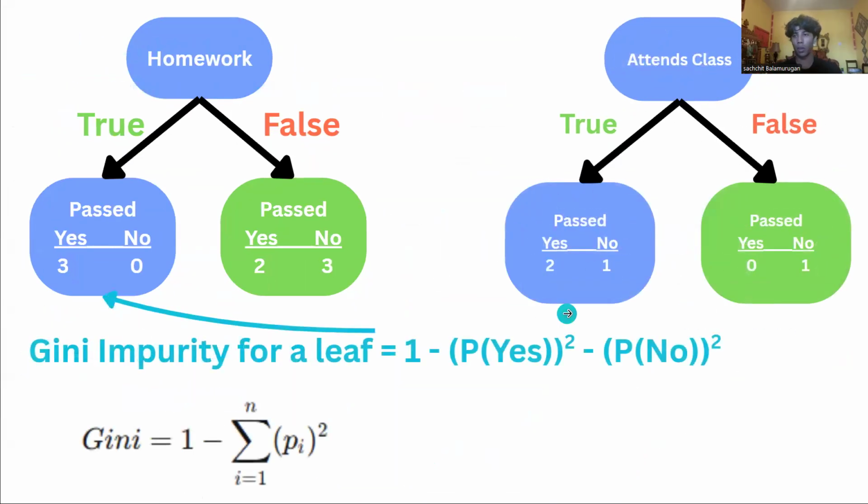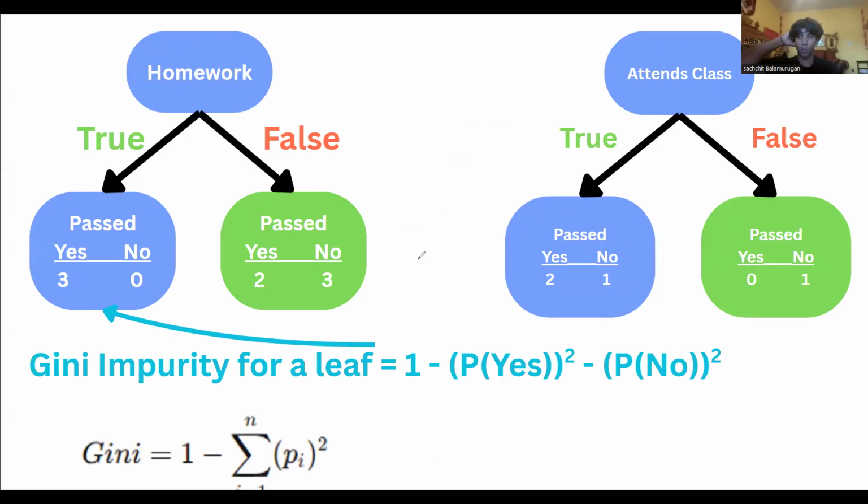Yeah, we use the Gini impurity. So I'll work this out live for you guys. 1 minus the probability of yes squared minus the probability of no squared. Let's start with this leaf. The probability of yes is 3 over 3, because there's 3 yeses and 0 nos.